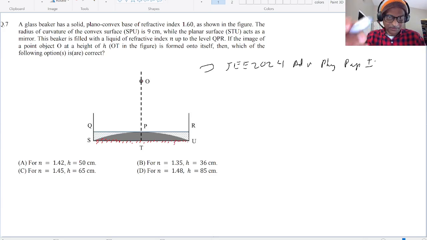Light comes in vertically, hits vertically, and goes vertically back. But if it comes at an angle, it goes that way, it just reflects. And there's no power for this because the radius of curvature for this mirror is infinite.